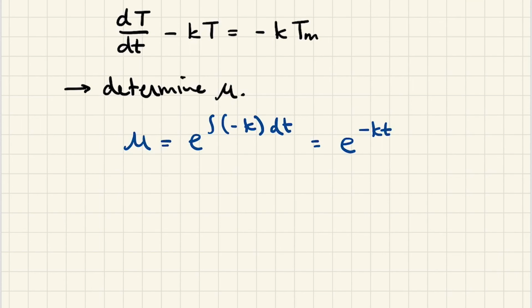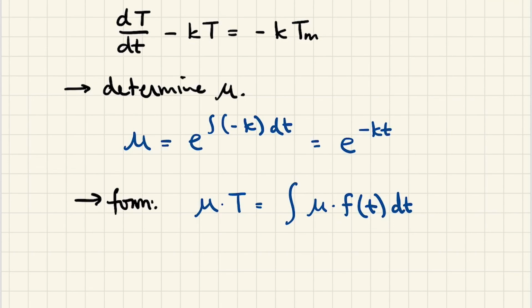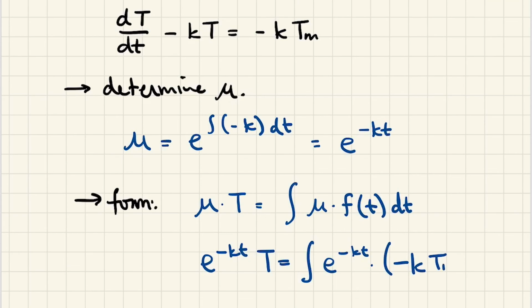And so the form of our solution we know is mu times capital T is the antiderivative of mu times the right-hand side. So mu being e to the negative kt times T is the antiderivative of e to the negative kt times f of t, which was just the constant negative kTm.